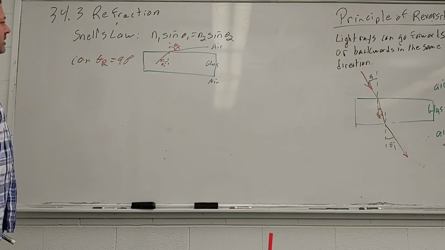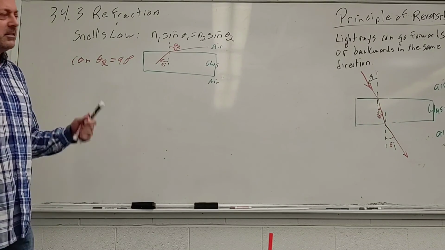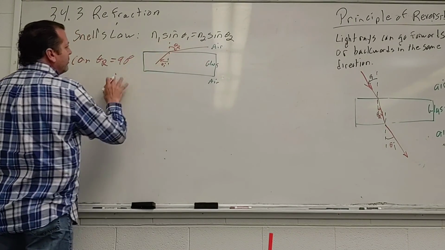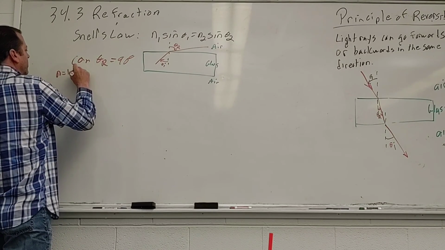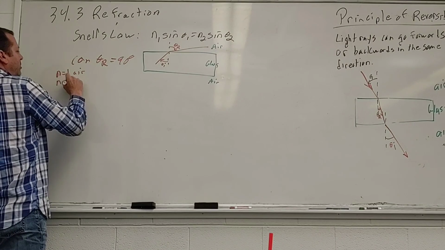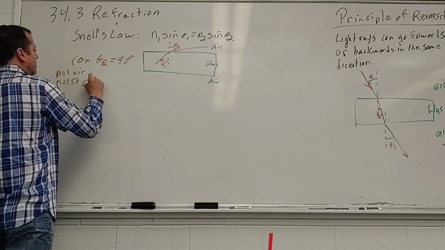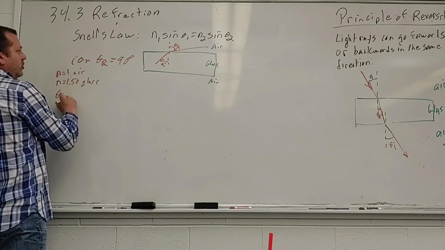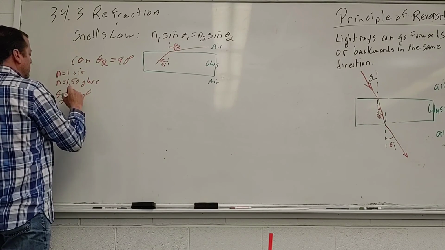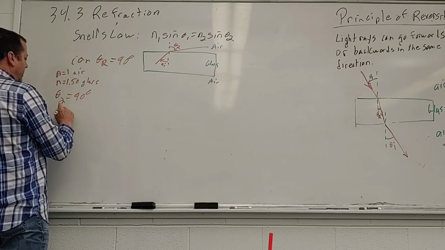Mathematically, it should. Well, let's look at it for glass and see. So if I put this in, N equals 1 for air, N equals 1.50 for glass. My theta 2 is going to be 90 degrees. I want to know what my theta 1 is.